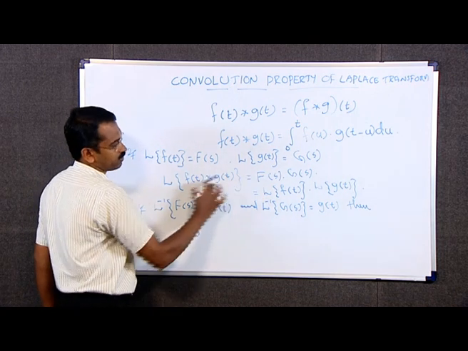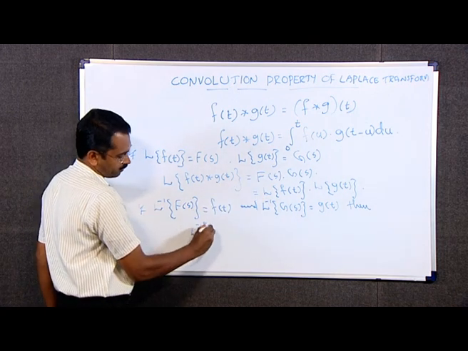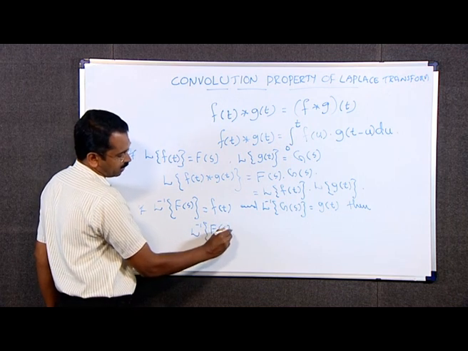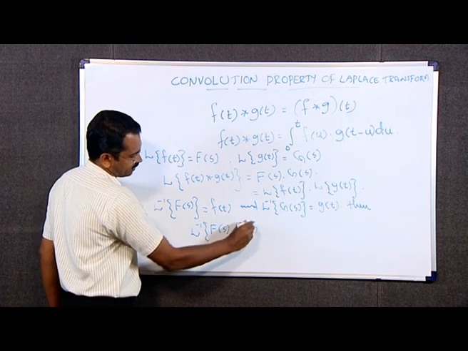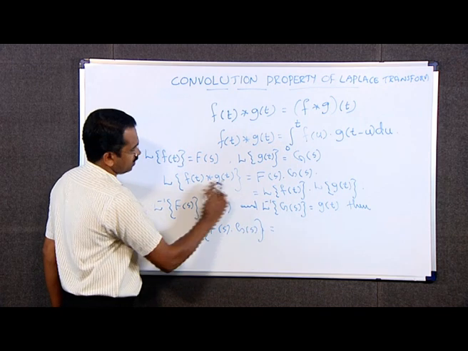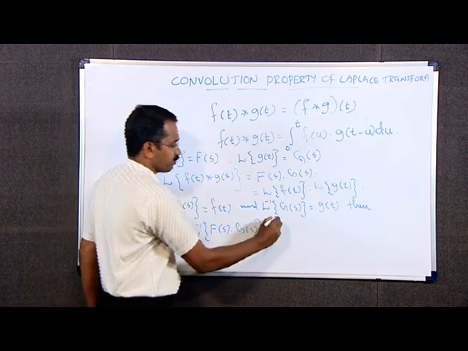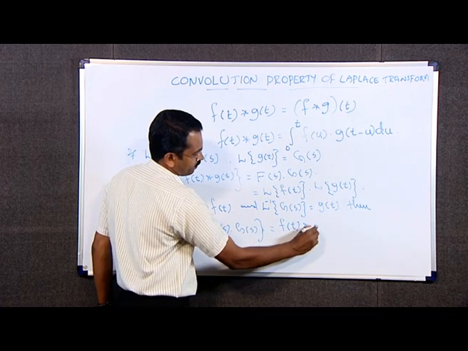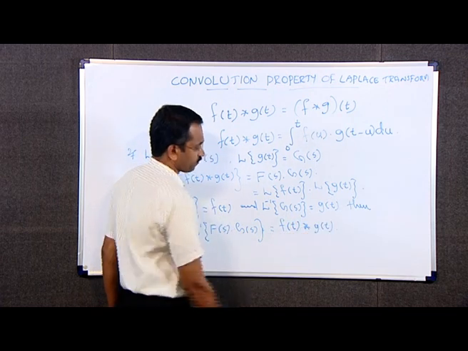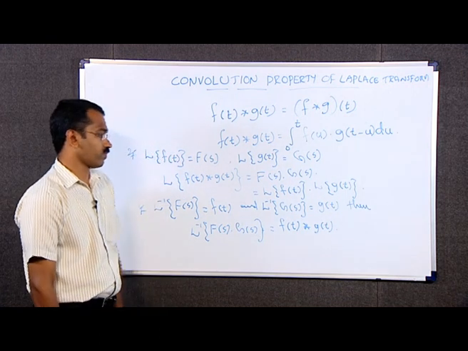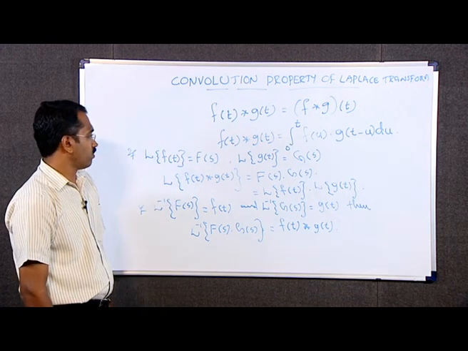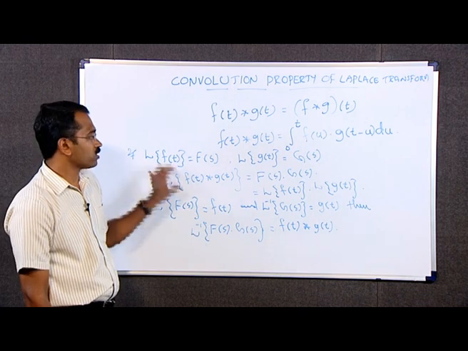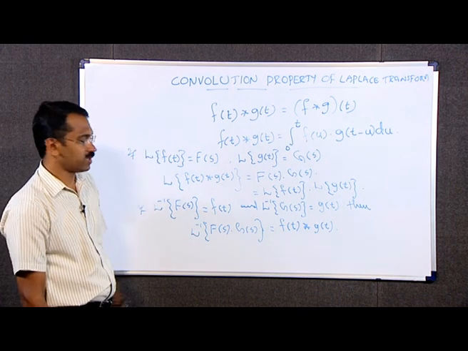From here we can write L inverse of F of s into G of s is equal to f of t star g of t. This is the inverse statement of this property.